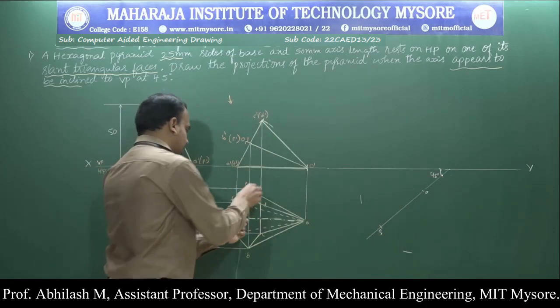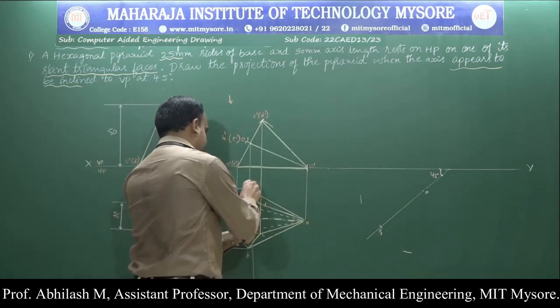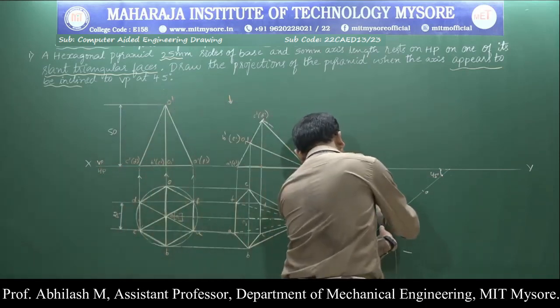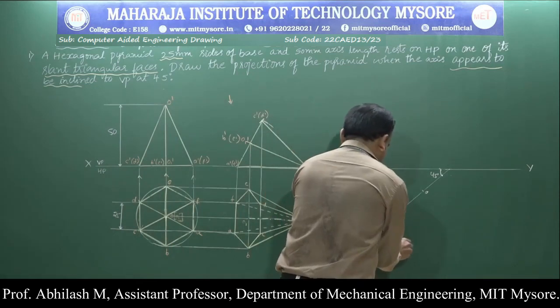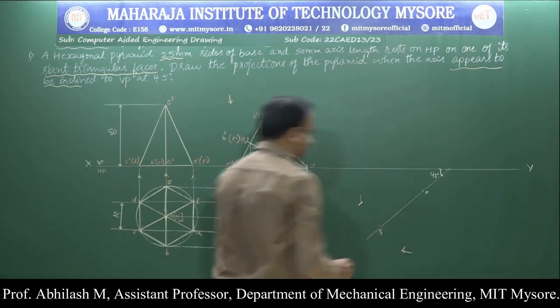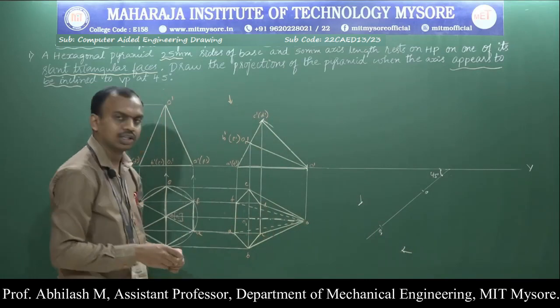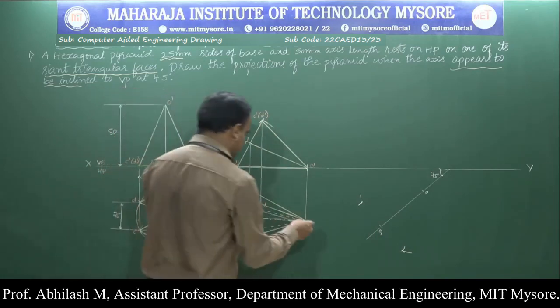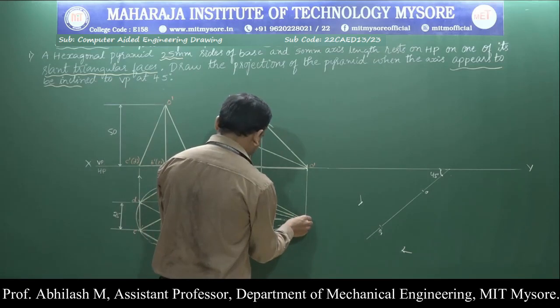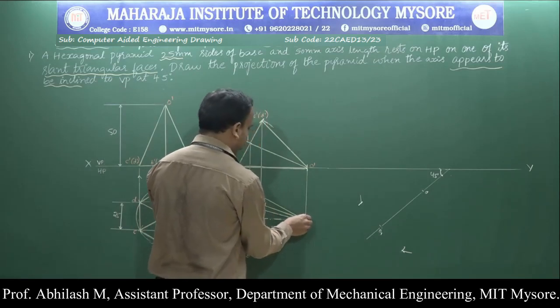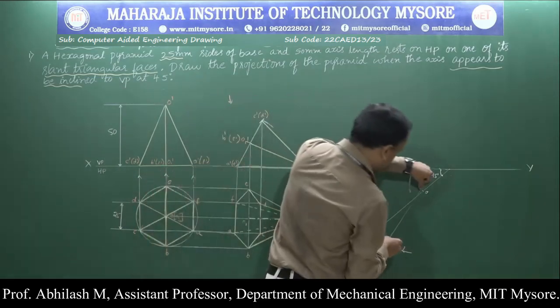The other thing is, from O1, in order to finish it, we are supposed to transfer it, and O to F and O to A are along the same distance. So measure from F to O, it will be the same basically.